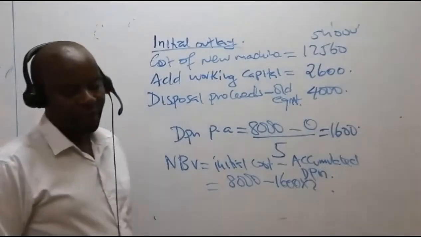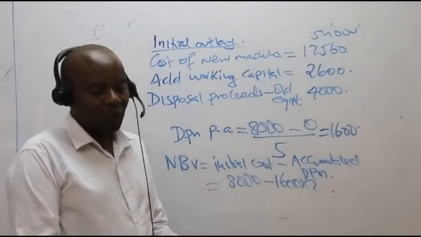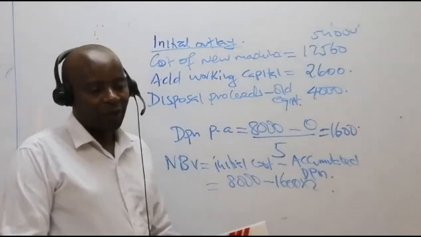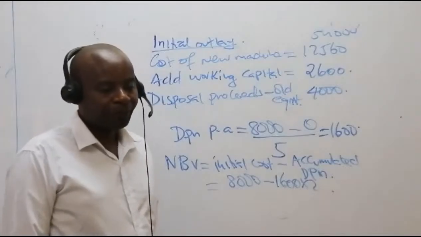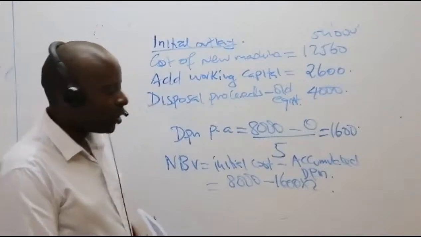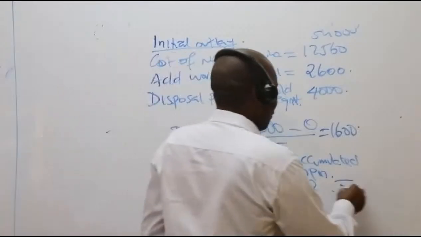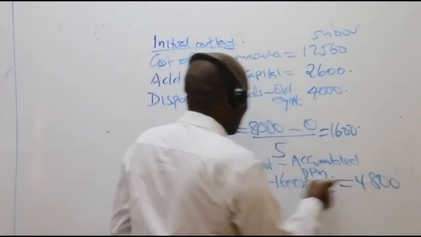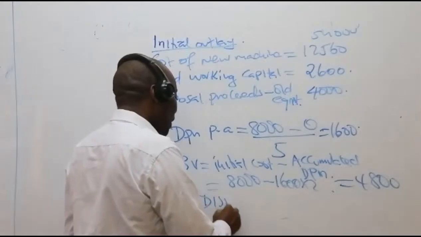So then that will give us what figure at the end of the day? So net book value will be 4,800.